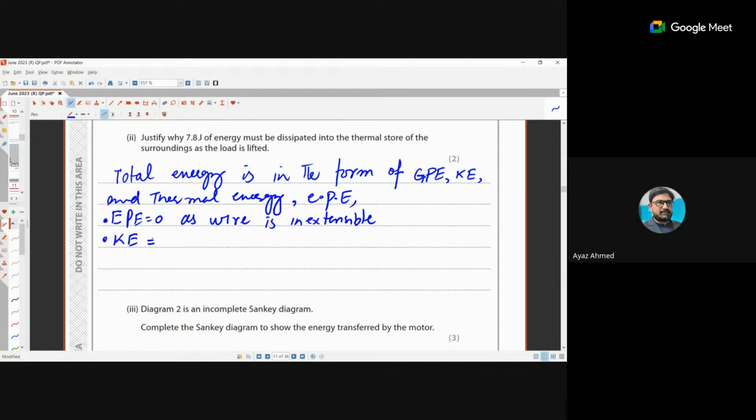Chain in KE is zero and chain in EP is zero. You can say chain in KE is zero because the load is lifted at constant speed.